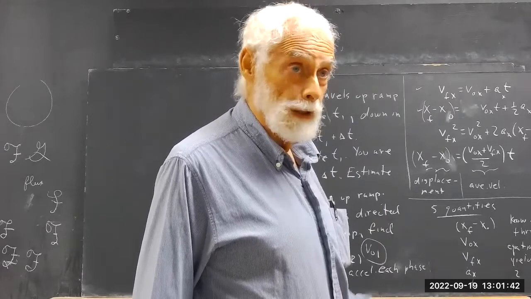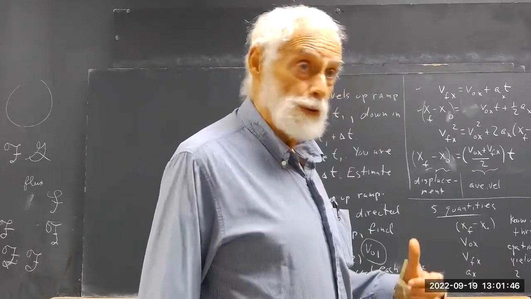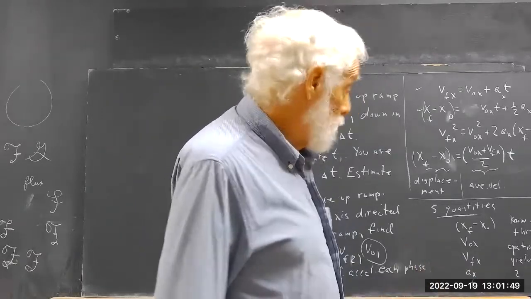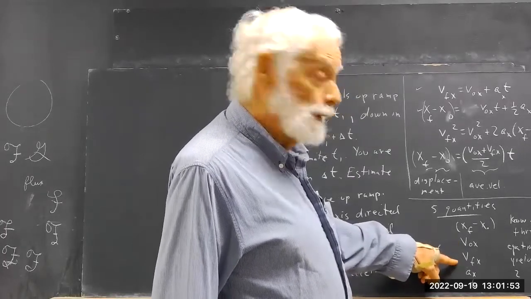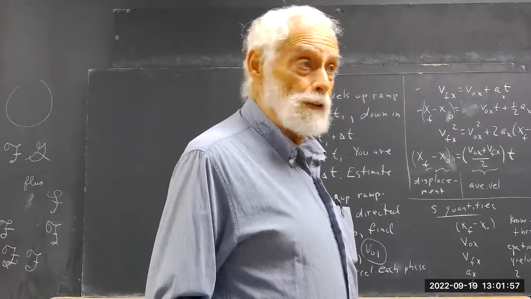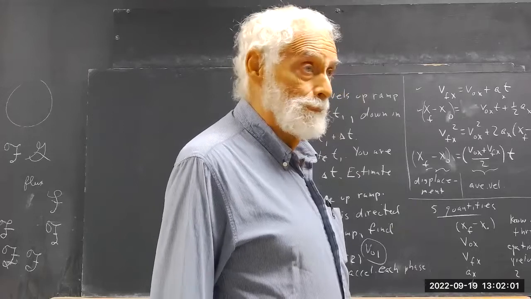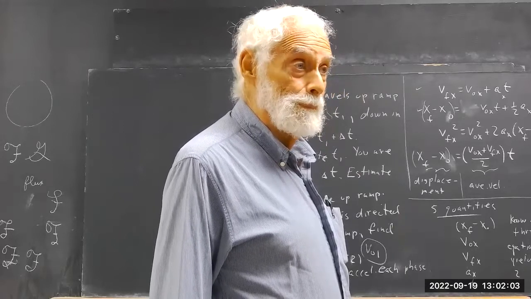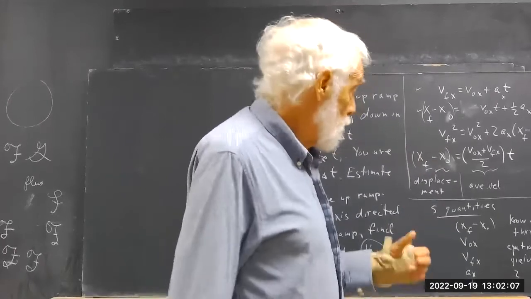You know its final velocity, it stops, or it starts coming back down. We don't know its initial velocity, we're going to have to find it. So in one case, we know the final velocity. What about coming down? Do we know the initial velocity? Yes. Do we know the final velocity?